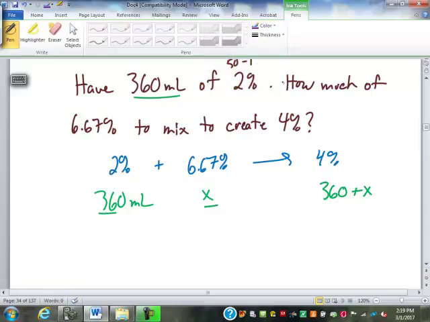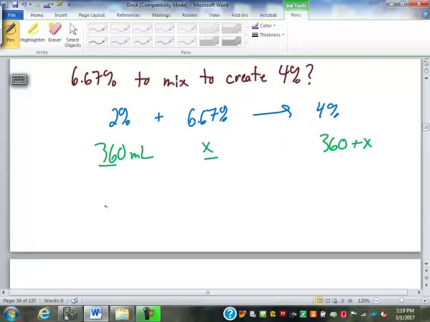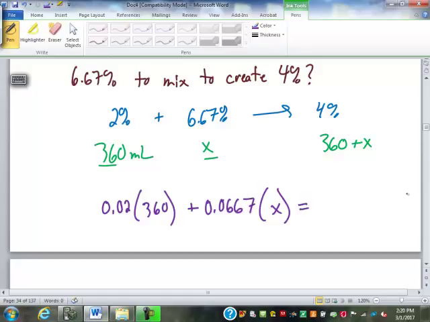So then the equation we create here: 2% times 360, so that's 0.02 times 360, plus my 6.67%, which is 0.0667 times X, has to equal my 4%, which is 0.04 times (360 plus X).